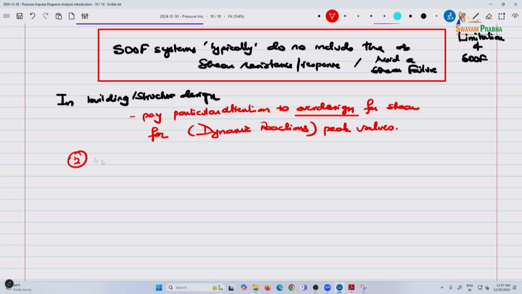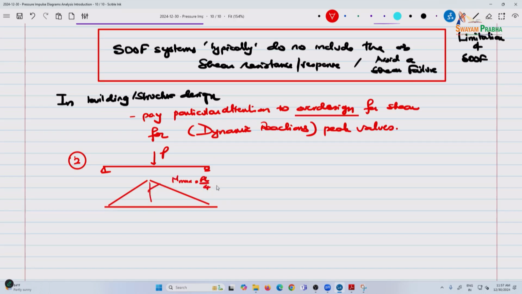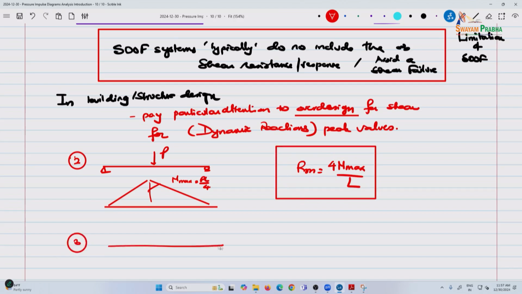the second case is if you have P and we know the moment is PL by 4, right. So, in this case Rm is simply 4 Mmax divided by L. Or the third scenario we saw was, why are these the most common ones?